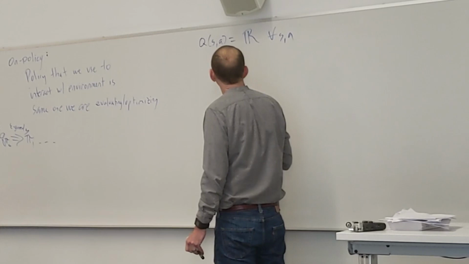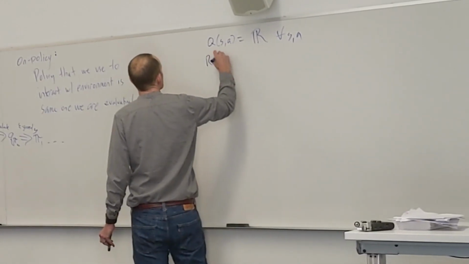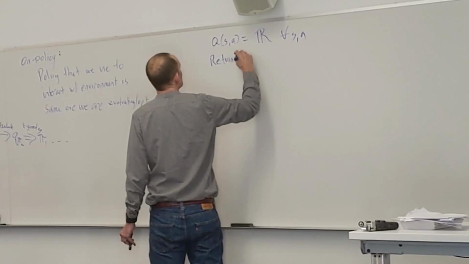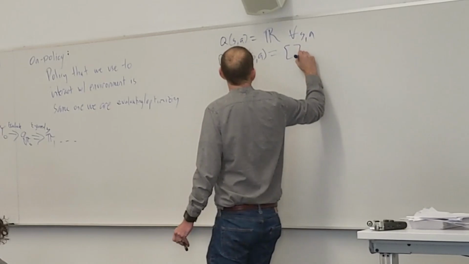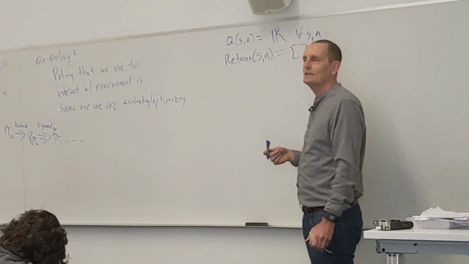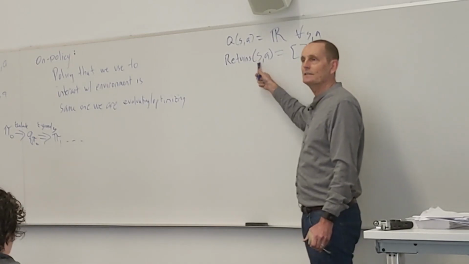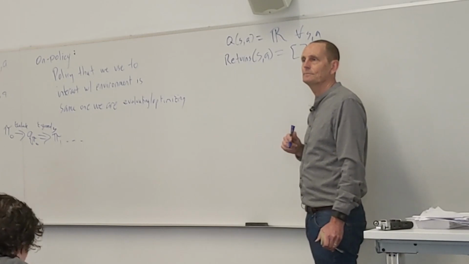Oh yeah, we'll have our, let's say, returns. So it would just be an empty array. We'll keep a list, basically, of all the returns for every SA pair. And the Q, we'll just calculate as the average of those.